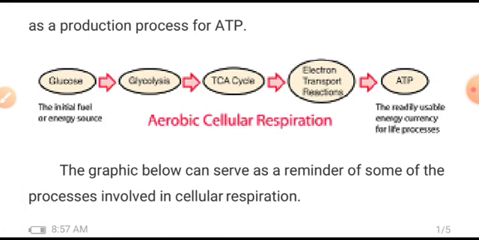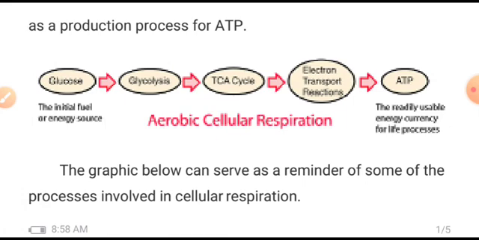Then it enters the electron transport chain, where it also provides ATP in the processes carried out in that electron transport chain.